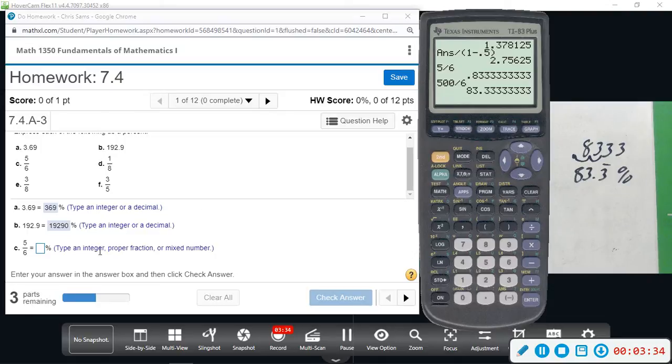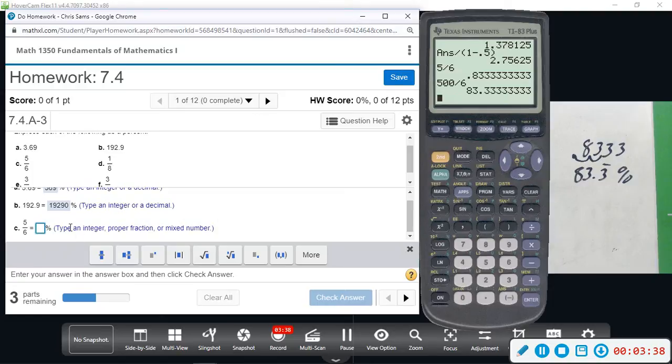So as a percent, type an integer, proper fraction, or a mixed number. So this is 83. Since they want us to type an integer or mixed number, if you focus on the 3 repeating, that's 1/3. But if you don't know that, I'm going to subtract the whole number part.